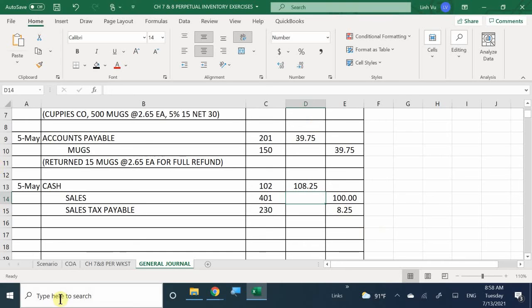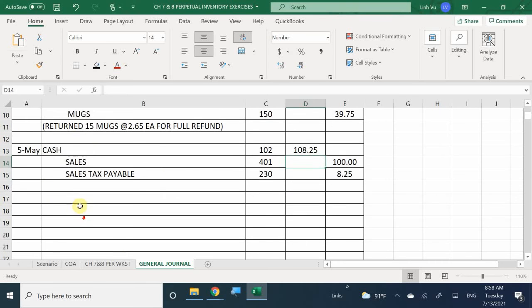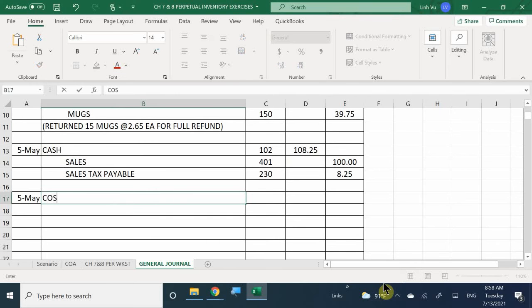Now I'm going to hold off on my description because I could just place it where I took it out from my inventory. In this case, you did mention cost of goods sold. And what account am I going to be taking away from?